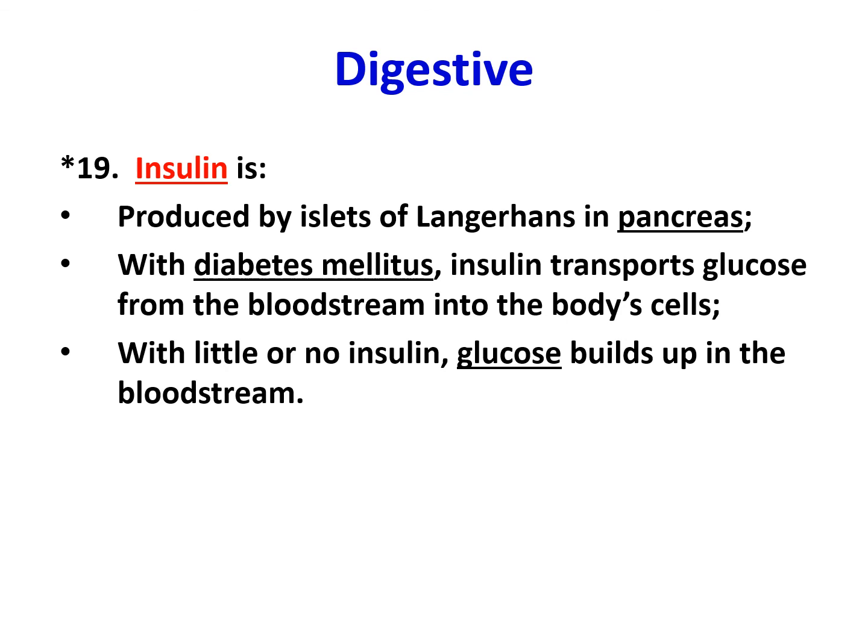And insulin tells your body that we need to take that glucose that's flowing around in your bloodstream after you've eaten a meal, and we need to store it in the body cells, right? So with little or no insulin... that insulin is the thing that tells your body, hey, my glucose level is high, I just ate some pancakes, we need to get this glucose level back down to its normal levels, because this is the way we keep homeostasis, right?